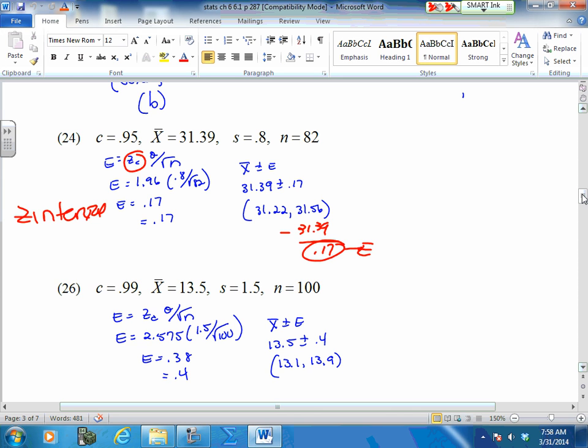26, the same thing. I'm not sure if 99 was on your table. I think it's 98, but do one for 99. In 99, if 99% of your data is here, how much is left? 1%. If I divide this in half, I get 0.5 of a percent. So how do I write that in terms of a decimal? 0.005.